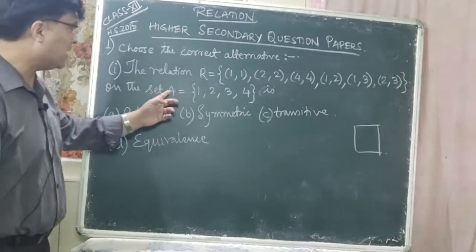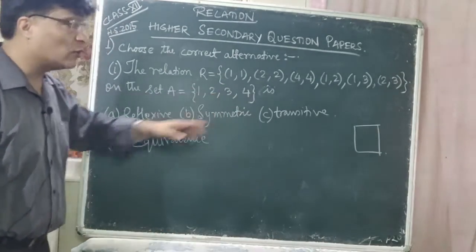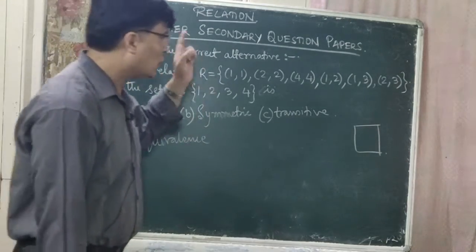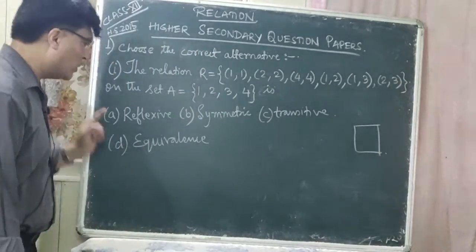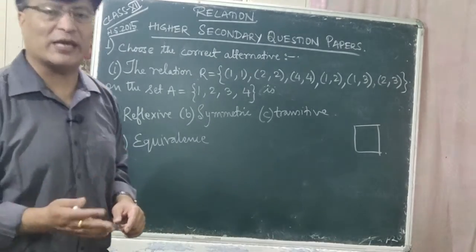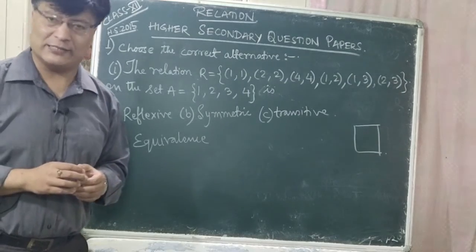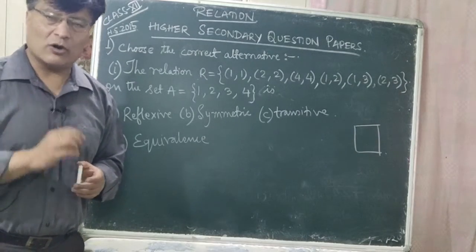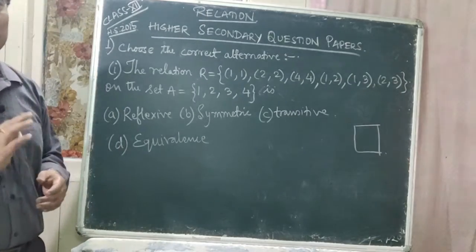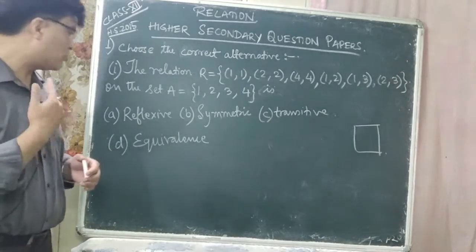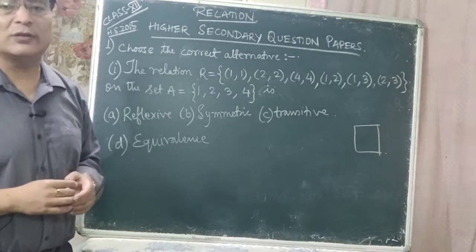On the set A equal to {1, 2, 3, 4}, you have to check whether it is a reflexive relation, a symmetric relation, a transitive relation, or an equivalence relation. Which is the correct option? You have to choose the correct answer. In order to choose it, you should know the meaning of reflexive, symmetric, transitive and equivalence relation.